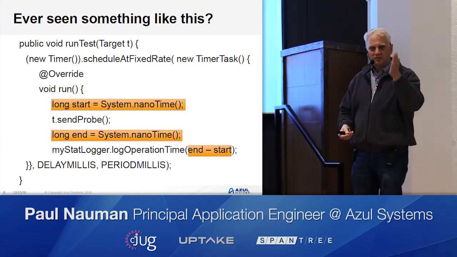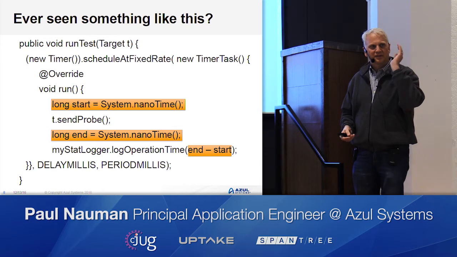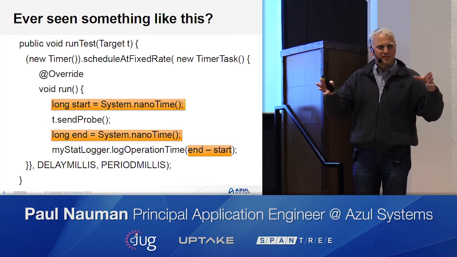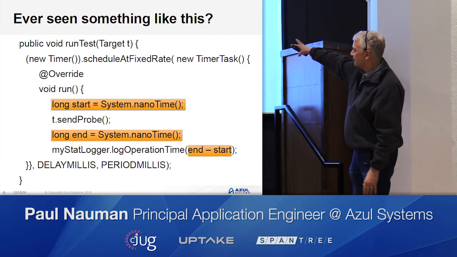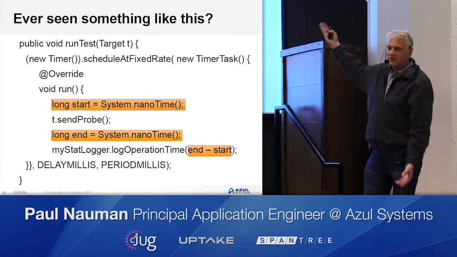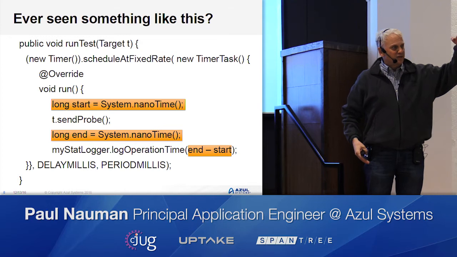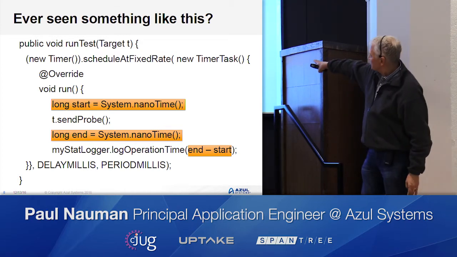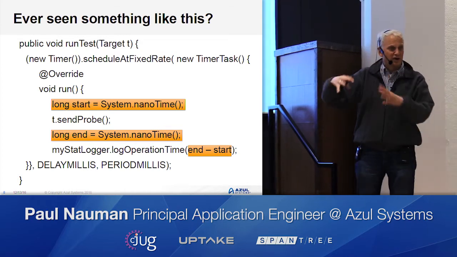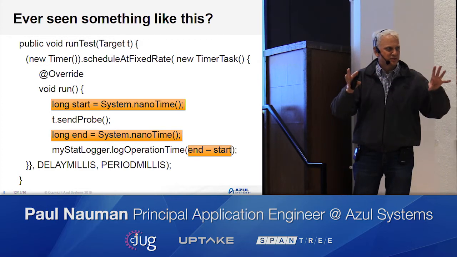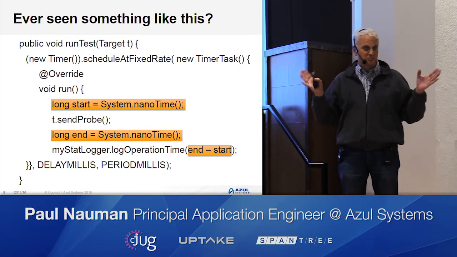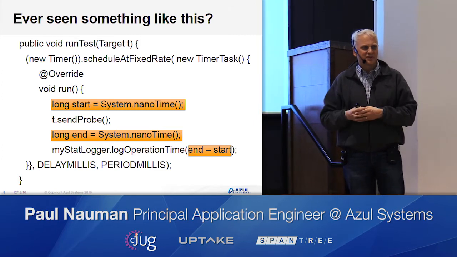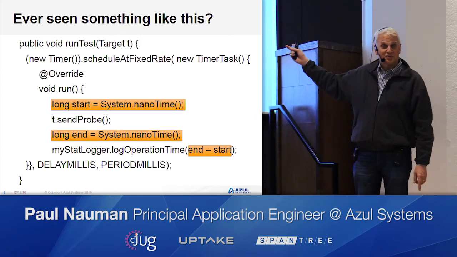We send probes regularly, periodically, test some representative operation on the system that we're testing from this external testing framework. We check the time at the beginning, check the time at the end, subtract them, and log, somehow put this into our statistics package, which we're going to look at later on. Okay? Pretty straightforward. So who can tell me what's wrong with this?